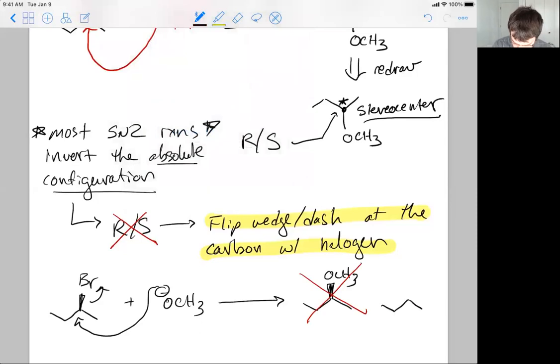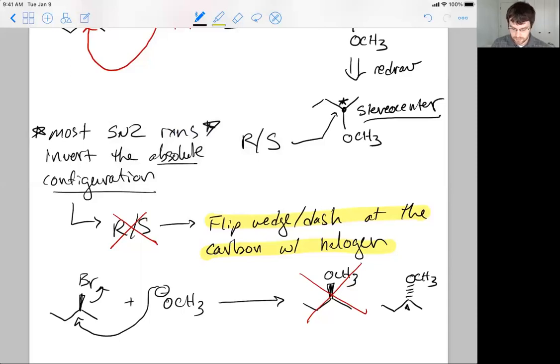Rather, the outcome of the reaction is one where we have the nucleophilic atom replacing the halogen atom. And the product has the opposite wedge and dash configuration. It's inverted. That configuration has inverted from the starting material.